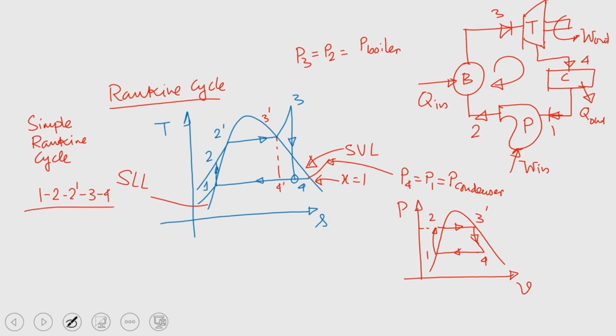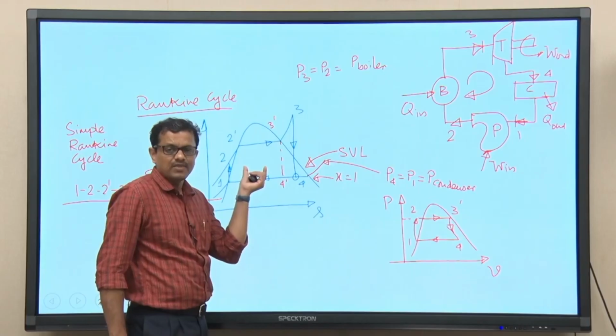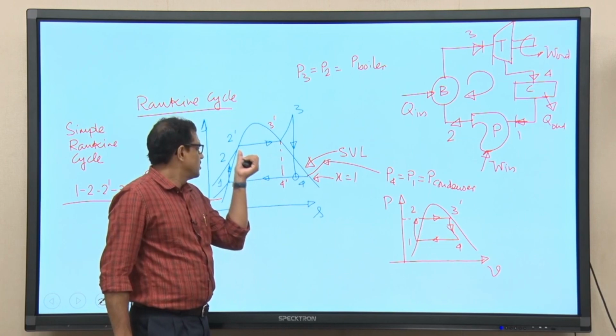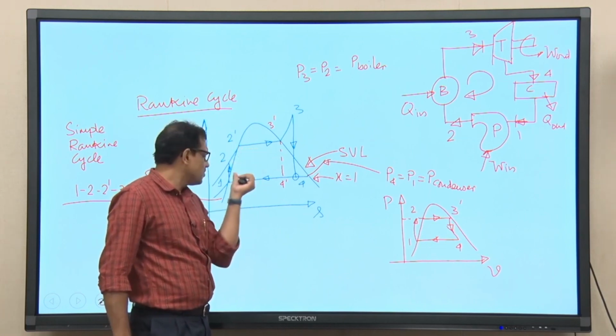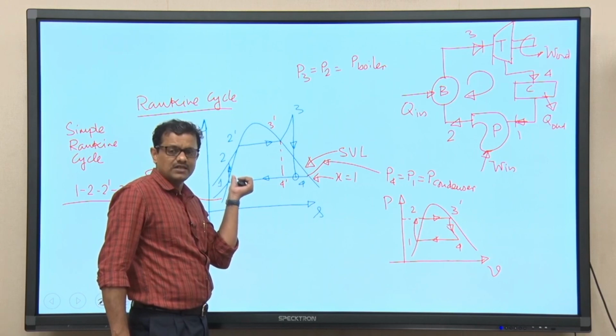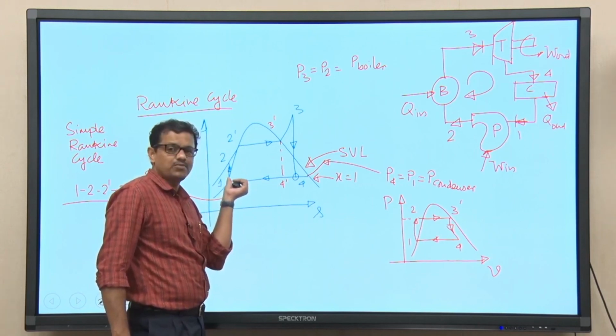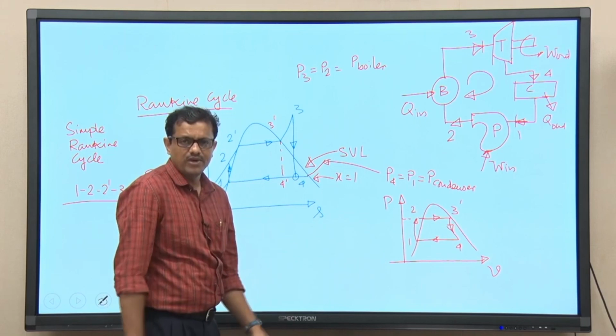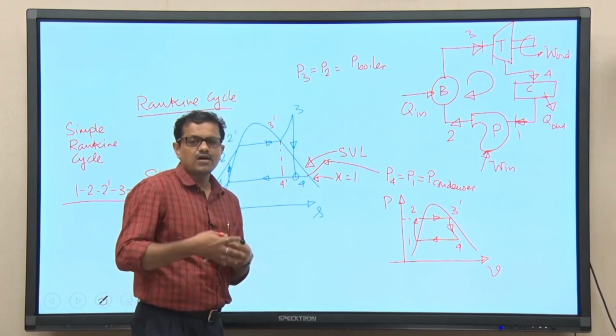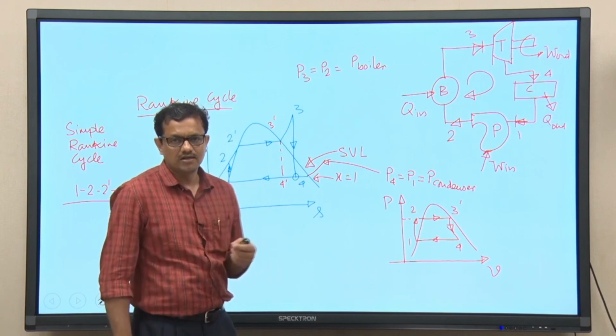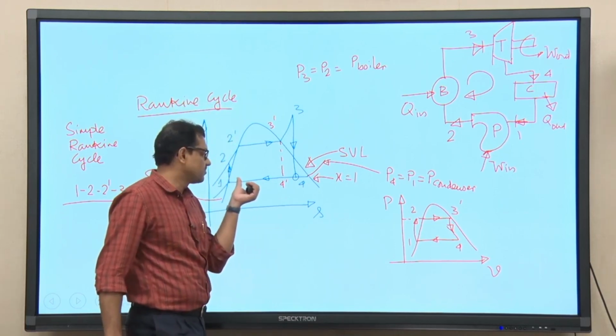So, this is the simple Rankine cycle, and at least we have eliminated the problem of designing a compressor which will take a two phase mixture at the inlet, and at the outlet it will be saturated liquid. And also, the high power consumption is not there, because the pump only handles saturated liquid.